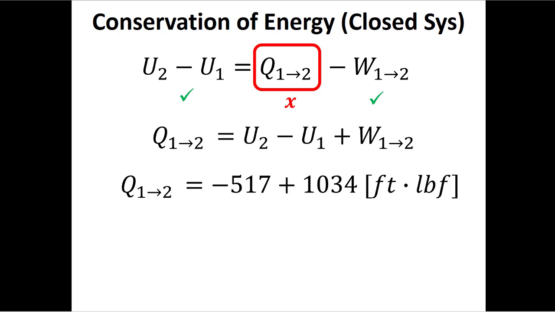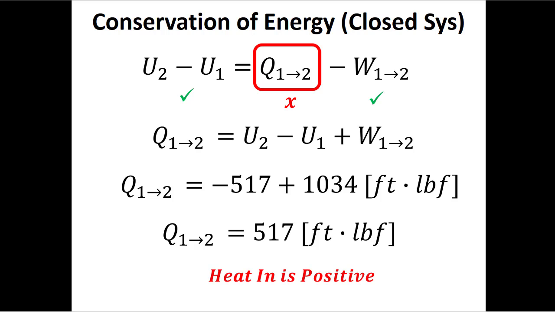I know that delta U is minus 517 foot-pounds, and I know that the work is 1,034 foot-pounds. So in total, I see that the heat, as I go from 1 to 2, is 517 foot-pounds. Heat in is positive, so this must mean that heat is entering into my system. So 517 foot-pounds of heat are entered into my system.